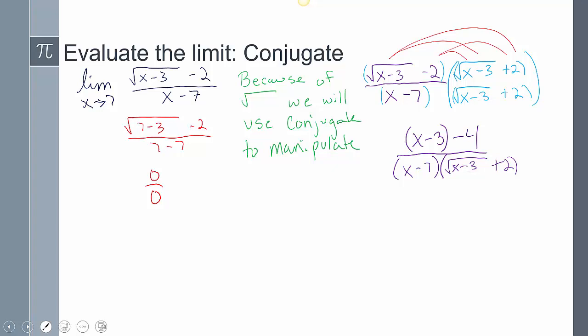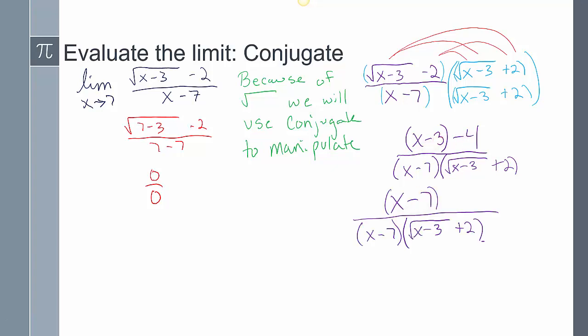Now you're probably wondering to yourself, why didn't you distribute the bottom? The reason is after you perform the conjugate, something's going to cancel out. So leave it as factored as possible so you can see the elements cancel out. If I simplify the top a little further, this minus 3 and this minus 4 becomes that x minus 7.